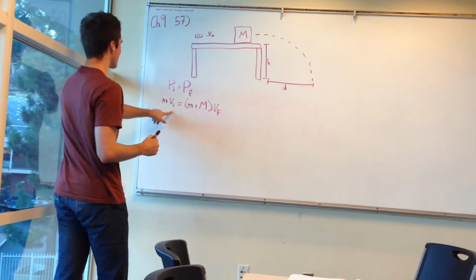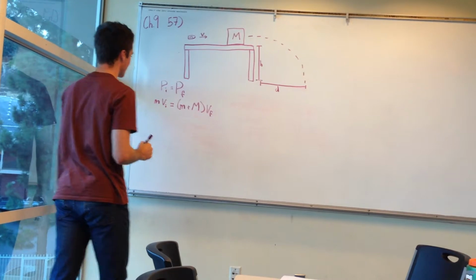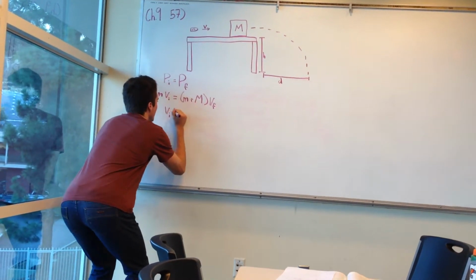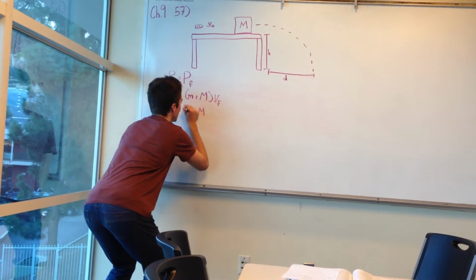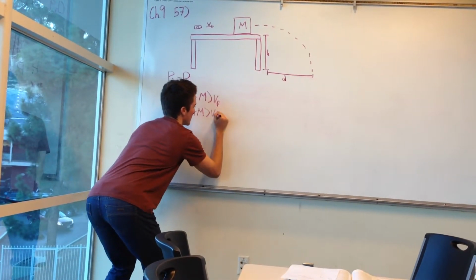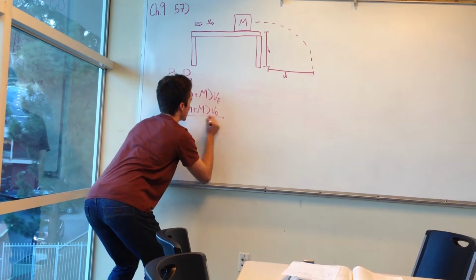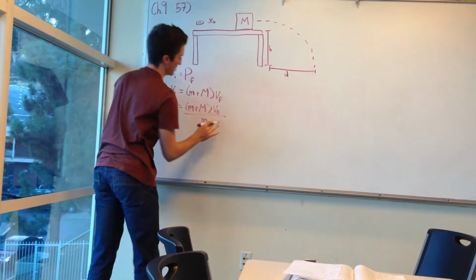And then we're trying to solve for velocity initial, so we're going to isolate that variable. And you get little m plus big M times velocity final over little m.